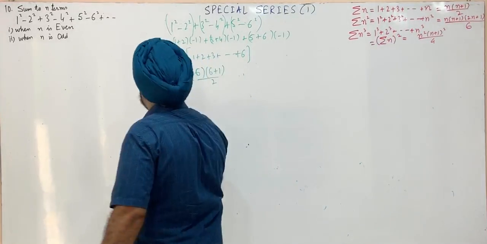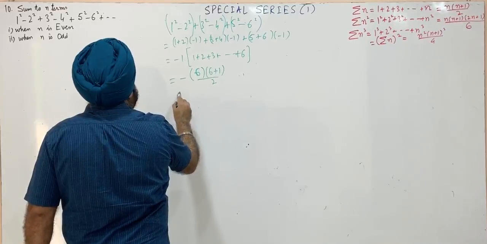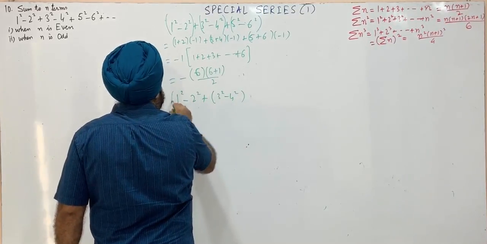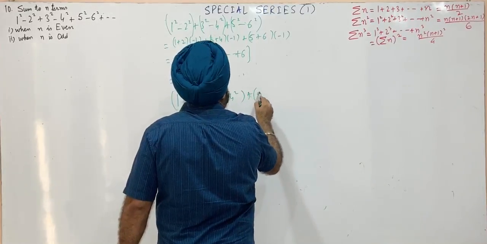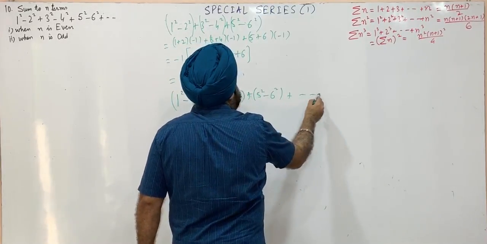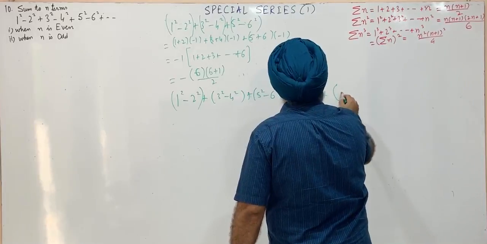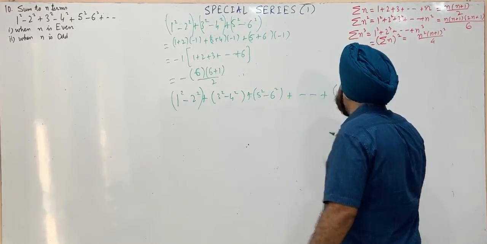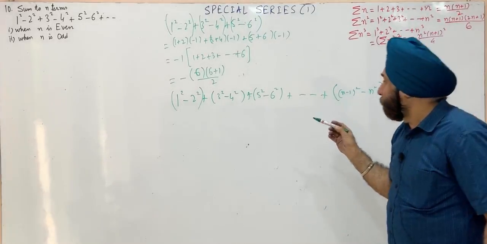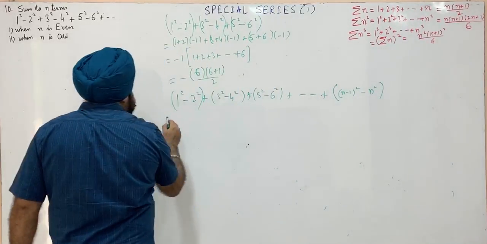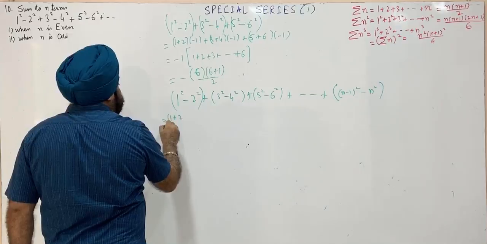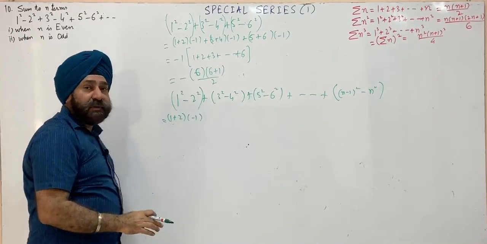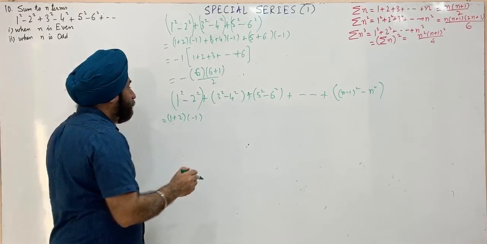So, what happens when there are n terms? Next will be 3 square minus 4 square, then 5 square minus 6 square, and so on, and we'll have n minus 1 whole square minus n square. The last term is the nth term. We write this as 1 plus 2 into minus 1, since a square minus b square is a plus b into a minus b, and a minus b is minus 1.